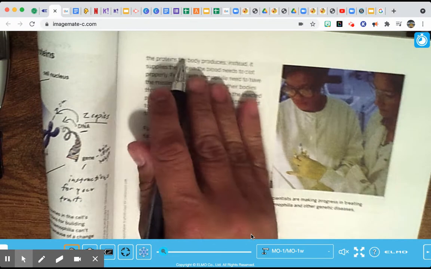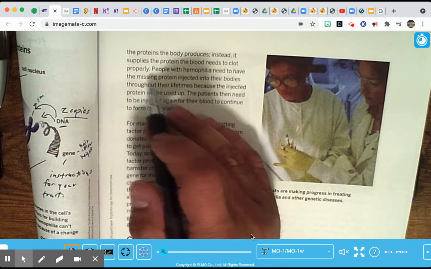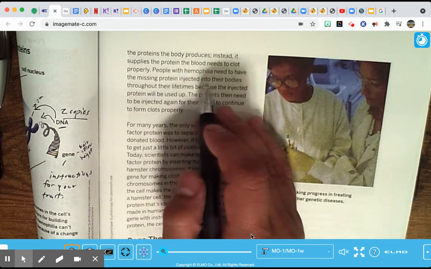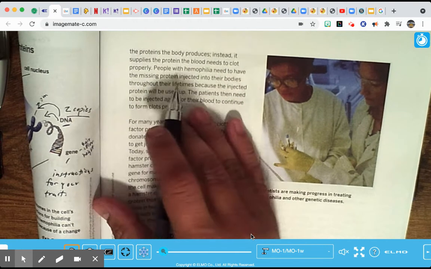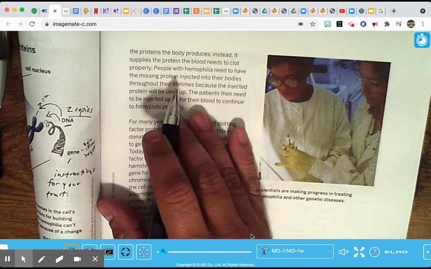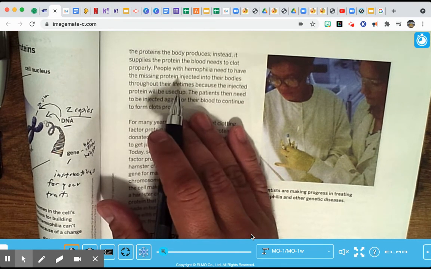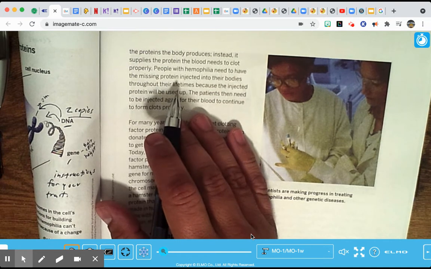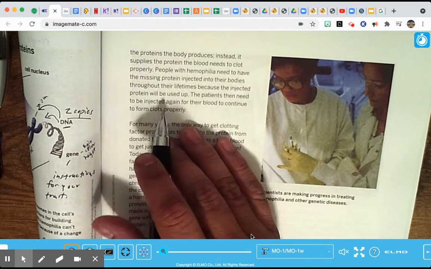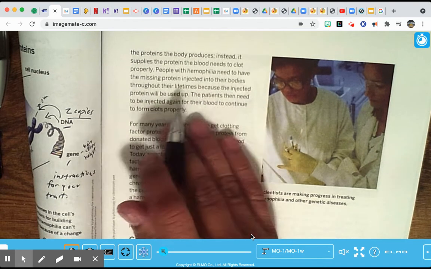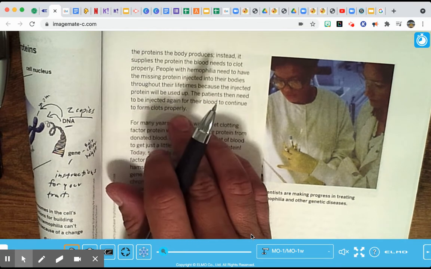Instead, it supplies the protein the blood needs to clot properly. People with hemophilia need to have the missing protein injected into their bodies throughout their lifetimes because the injected protein will be used up. The patients then need to be injected again for their blood to continue to form blood clots properly.